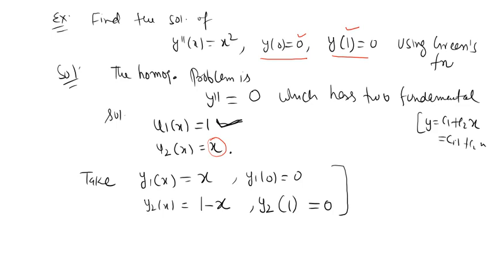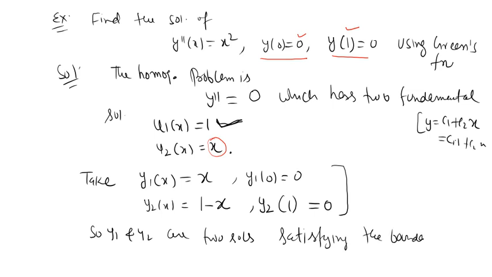Okay, so y1 and y2 are two solutions satisfying the boundary conditions as we wrote in the construction.